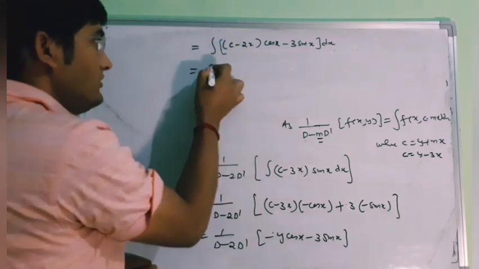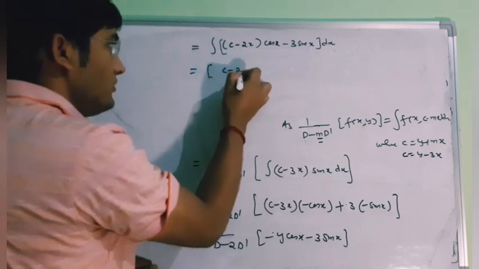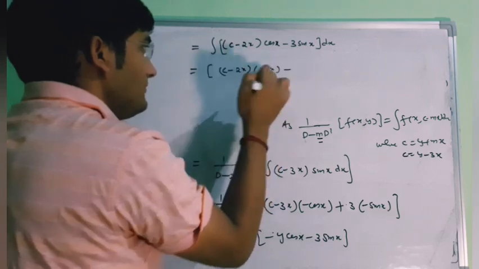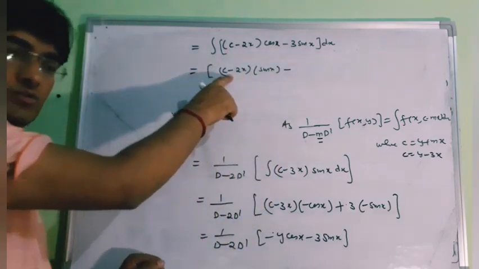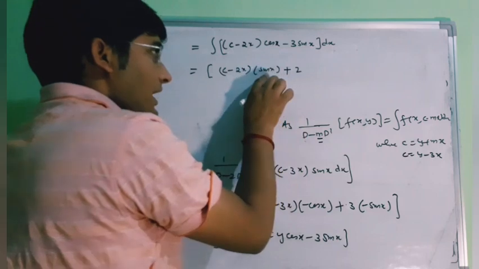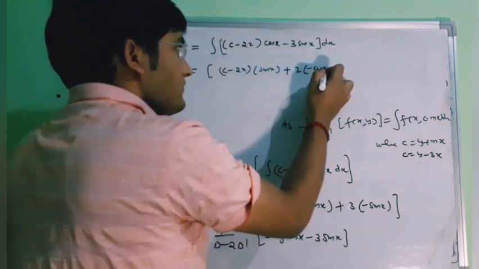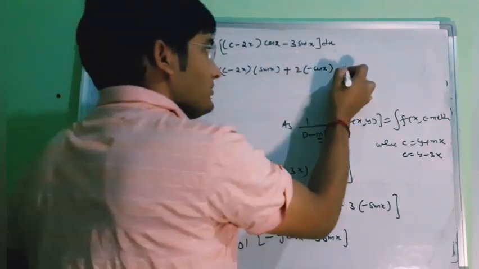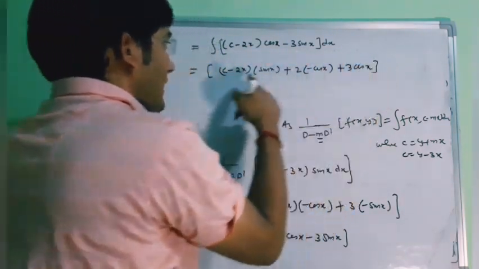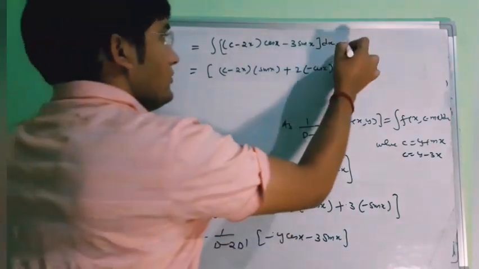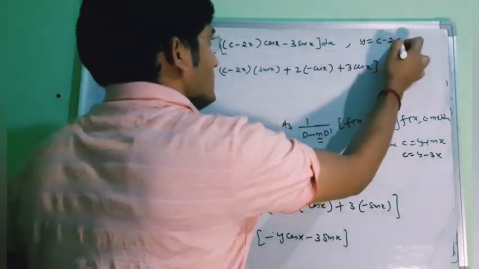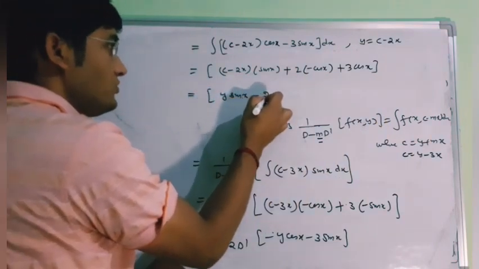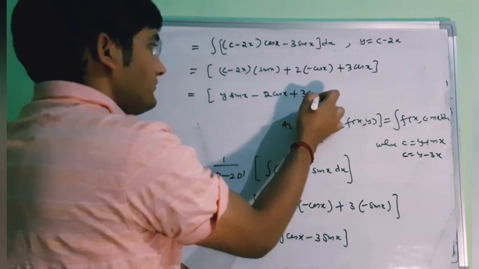Now let us integrate this one. The integration of cos x is sin x. Then we will have minus sin, and the differentiation of c minus 2x will be minus 2, so this will be a plus 2, and integration of sin x will be minus cos x. Then the integration of sin x is minus cos x, so this will be a plus 3 cos x. And c minus 2x is y, so this will be y sin x minus 2 cos x plus 3 cos x.